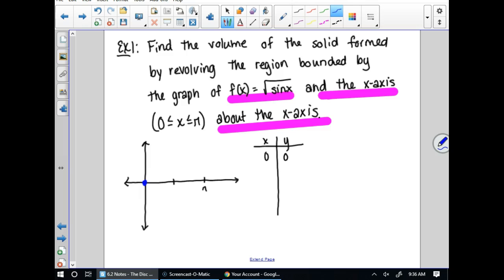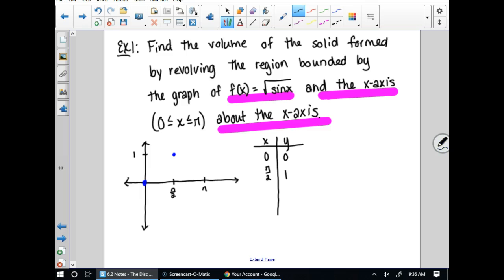And then I could plug in pi over 2. Think unit circle values for this are probably going to be the easiest. So if I plug in pi over 2, what is sine of pi over 2? 1, and the square root of that is 1. So I mark 1 on here, and I have this point here.